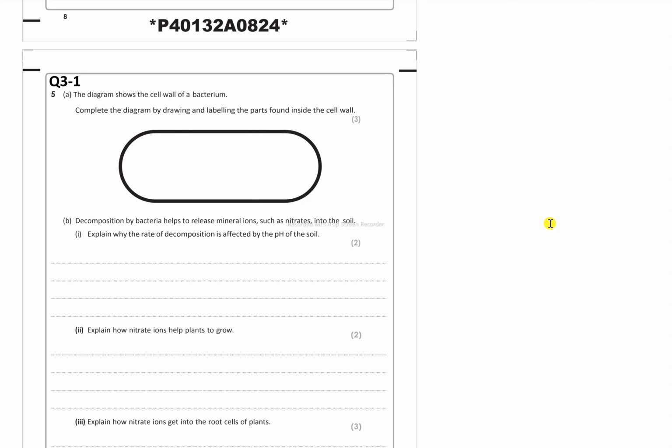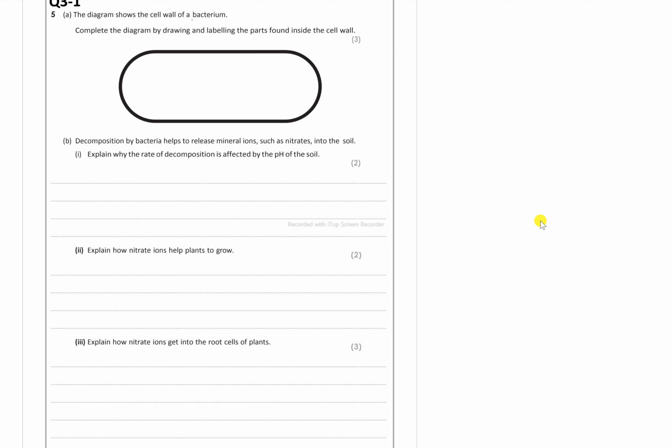Right, we're carrying on with this mineral plant worksheet. So here we have a bacterium. Bacteria is the plural. Okay. Complete the diagram by showing, so they've given the cell wall.